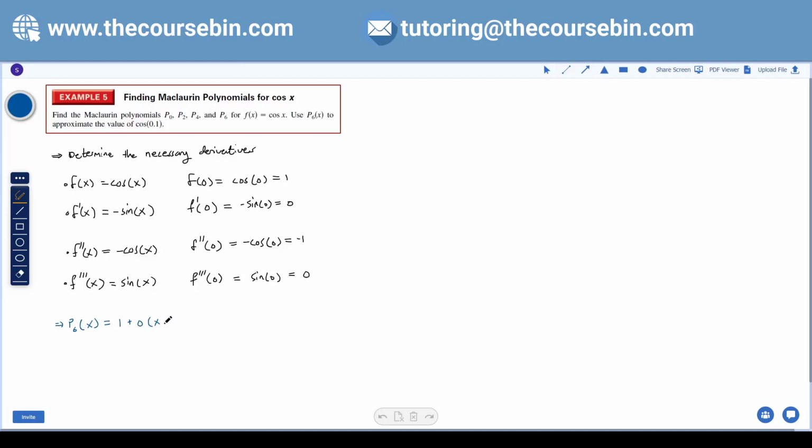But we don't have to write the minus 0 part, we'll just put x. And then minus this one here, 1 over 2 factorial times x squared.